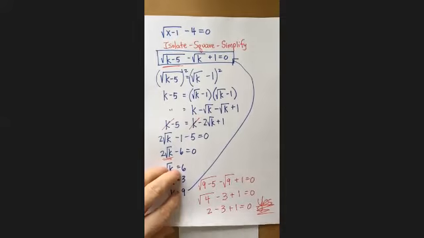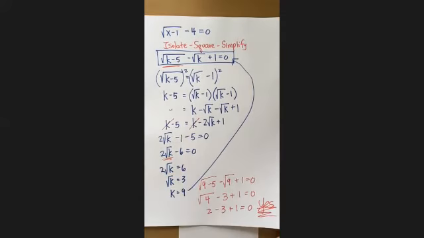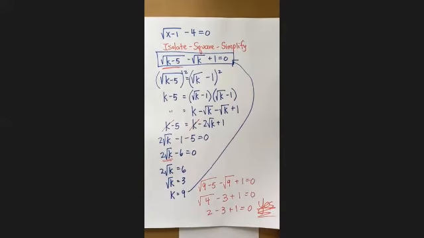So I just want to review for you the algorithm that you would use to solve an equation with multiple radicals. First of all, you would isolate the radical. If there's more than one, you take the messiest radical and isolate that one first.